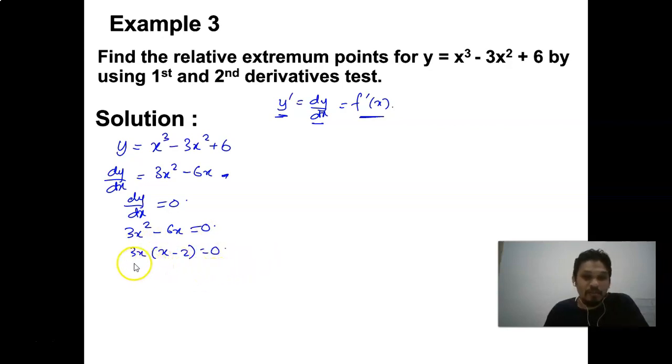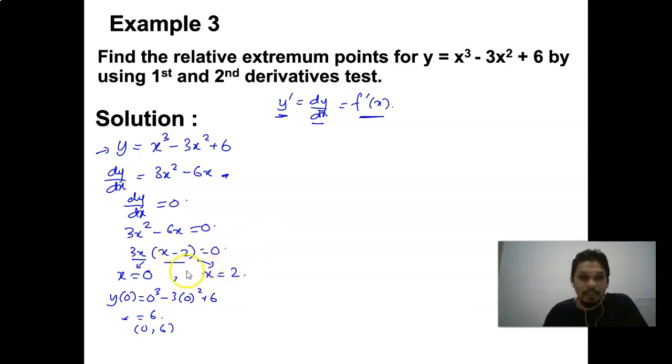So we get two values here: x equals 0 and x equals 2. Now when x equals 0, substitute into the function of y: 0 cubed minus 3 times 0 squared plus 6 equals 6. So the coordinate is x equals 0 and y equals 6.